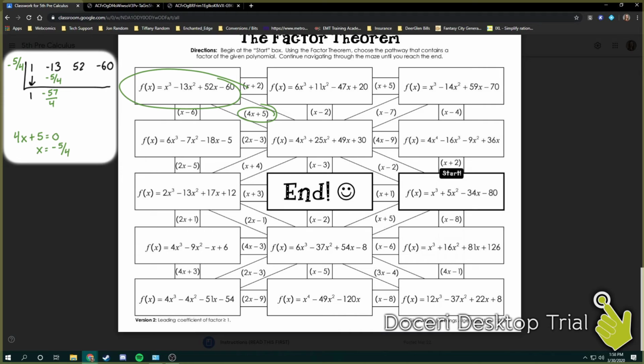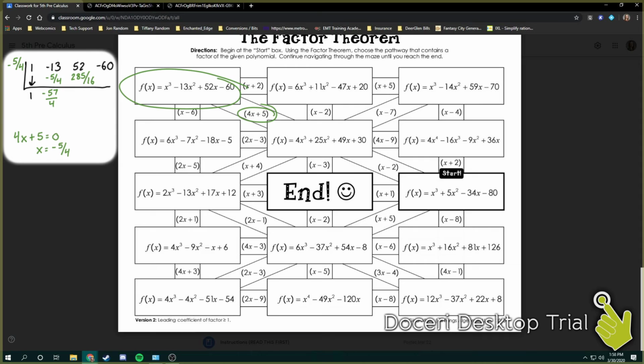I'm going to multiply that result by a negative 5/4, and get 285/16.